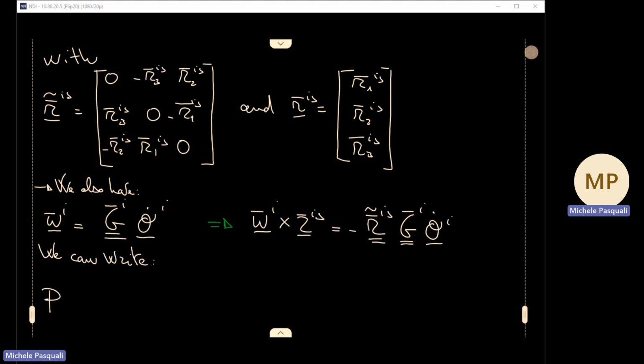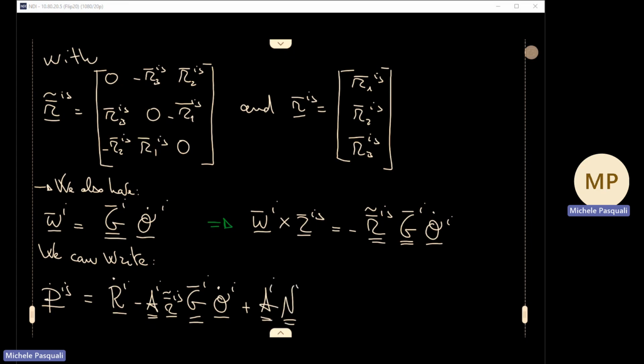That P dot ij is just Ri dot minus A I applied over R ij tilde times G I dot I plus A I and B applied over QF.